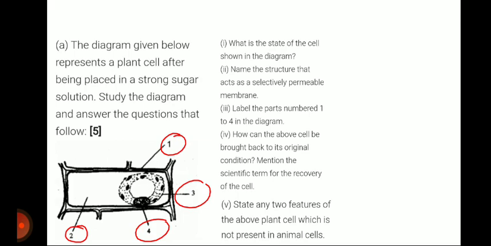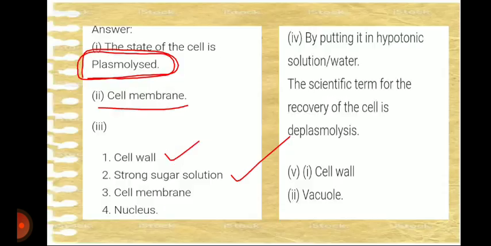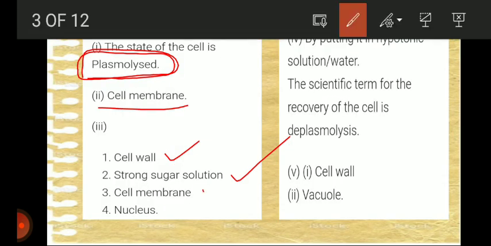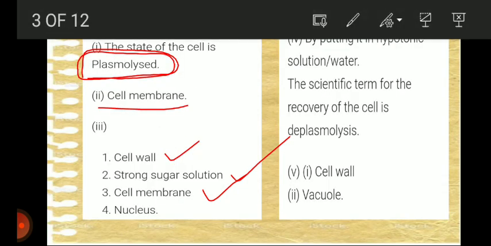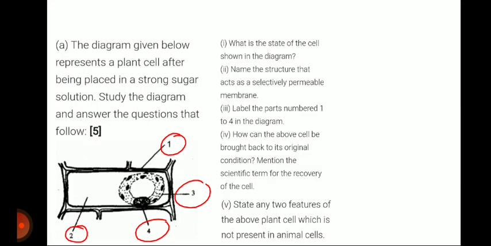Third one is the cell membrane. And fourth one is the nucleus of the cell. Clear? So you have to just label it. You have to mention the numbers, put a dash or whatever you feel like. Just write down the proper name of those labeled parts.